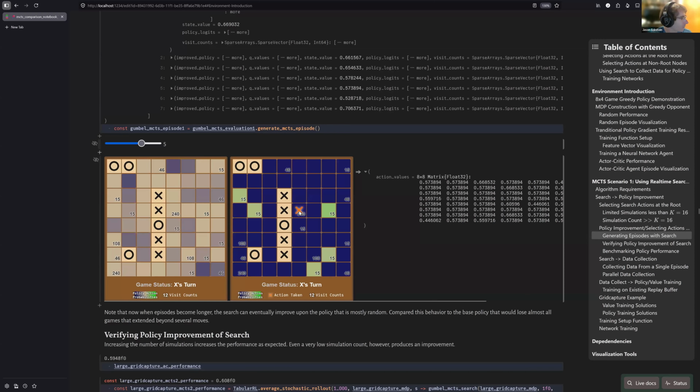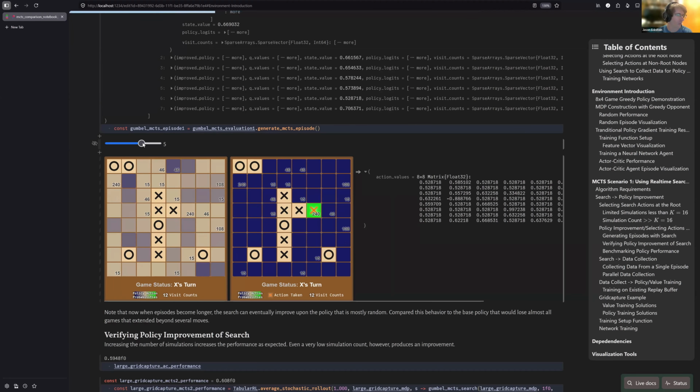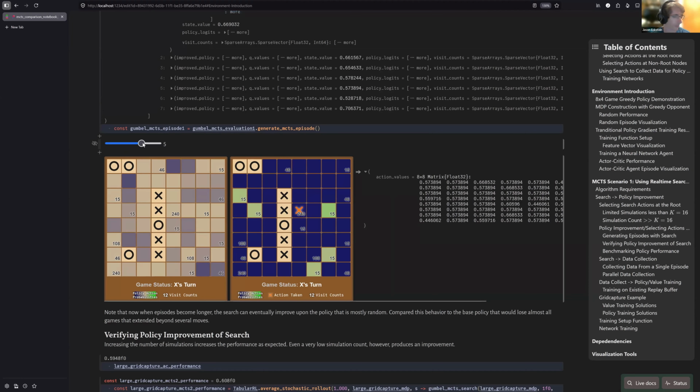So now we can see that it is favoring a particular action selection, which is probably different. I mean, it's possible that our original function would do this. We can see that even on the next step, this function had selected something that in hindsight is maybe not as favored as these actions.